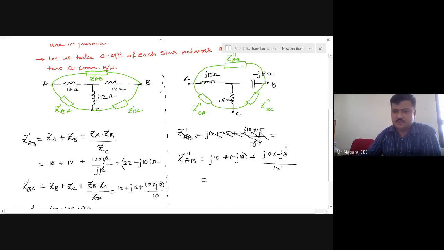Thank you for that. So J into J is minus 1. J is root of minus 1, we know. So it is minus J square, and J square is minus 1, so minus J square is plus 1. So it is plus J10 minus J8, which is plus J2.